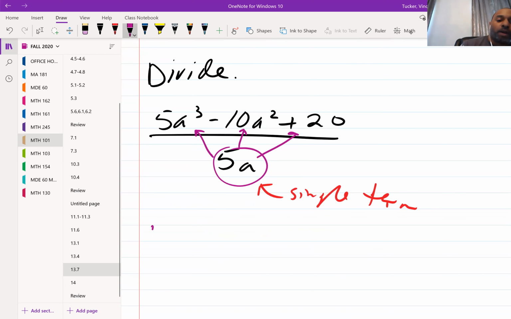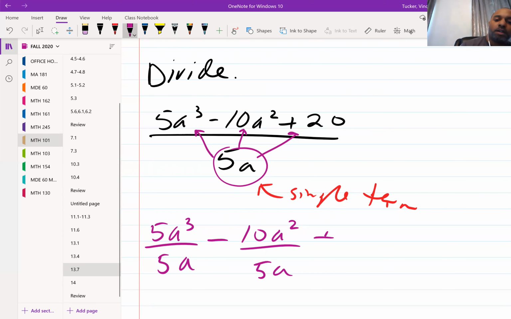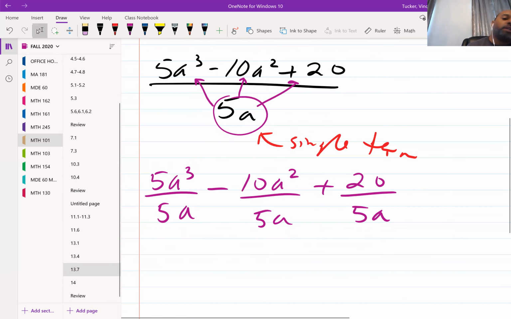All right, so I can rewrite this as 5a cubed over 5a minus 10a squared over 5a plus 20 over 5a. All right, and then we will simplify accordingly. 5 divided by 5 leaves you at 1.